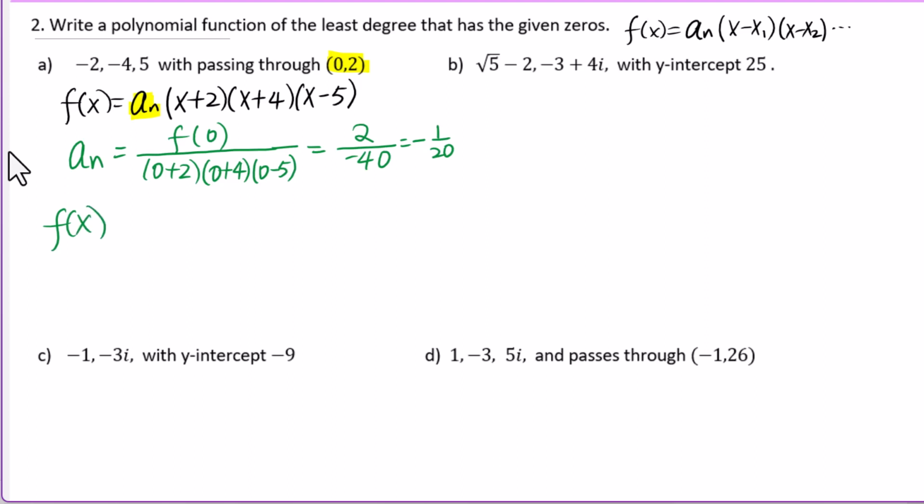So f of x equals -1 over 20 times (x plus 2)(x plus 4)(x minus 5).